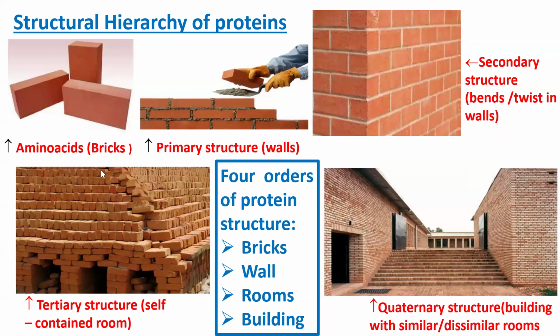So this is how the amino acid looks like. It's like our bricks. There are four orders of protein structure: the primary structure, secondary structure, tertiary structure, and then the quaternary structure. There's the bricks, that's the raw amino acid.